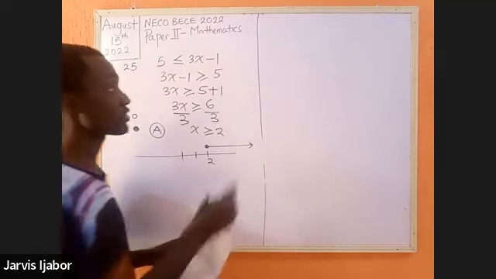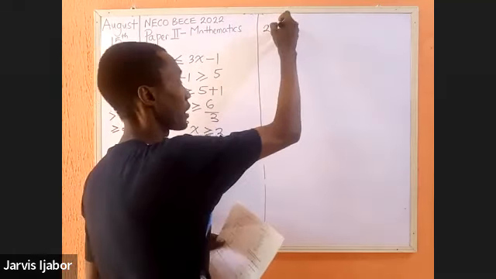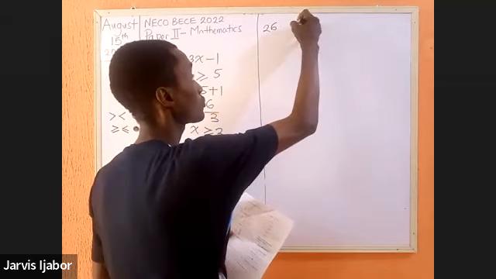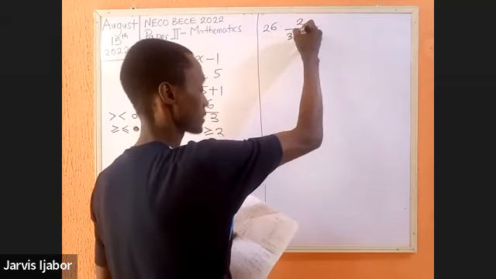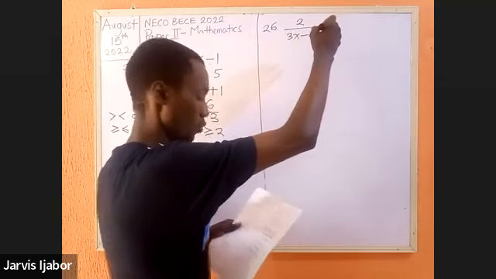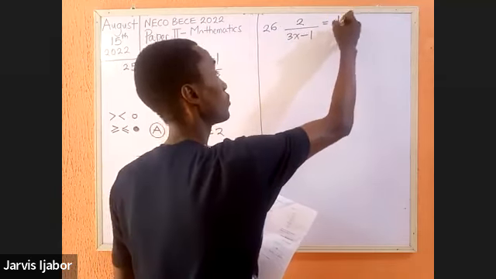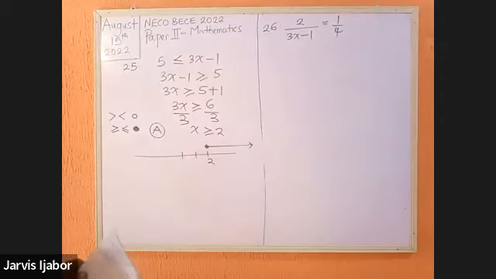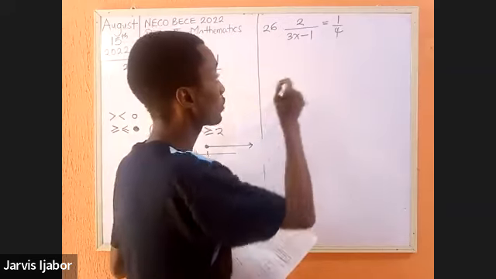All right, so let's go to question 26. In question 26, we have 2 over 3x minus 1 equal to what? Equal to 1 over 4. So what's the next thing we'll do?